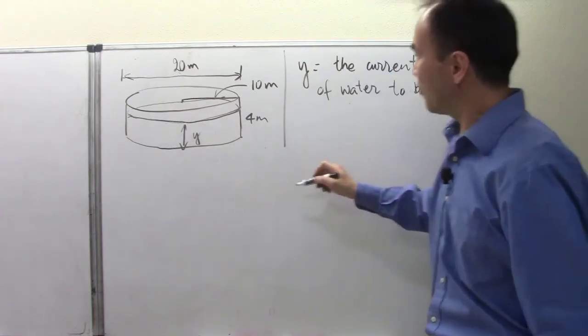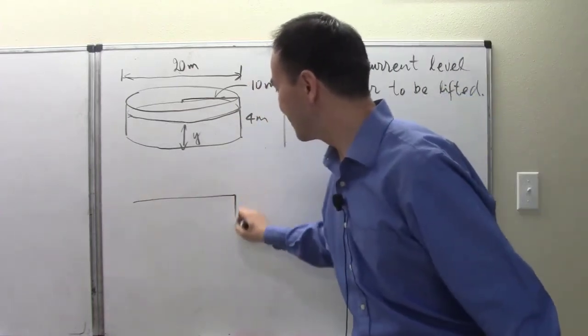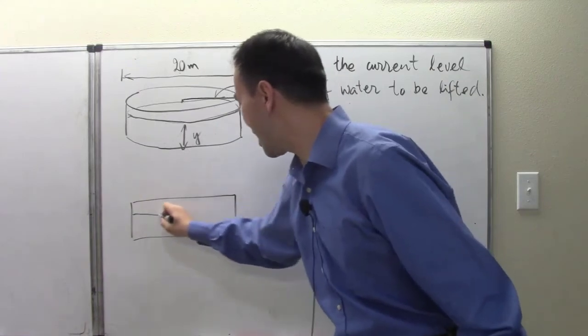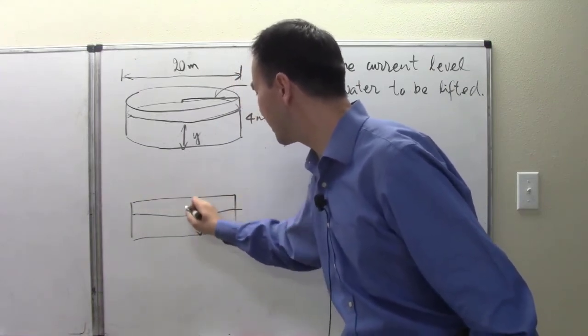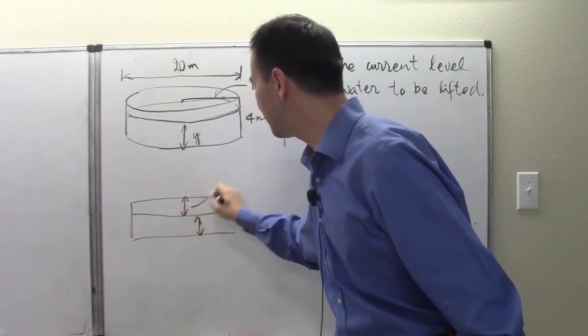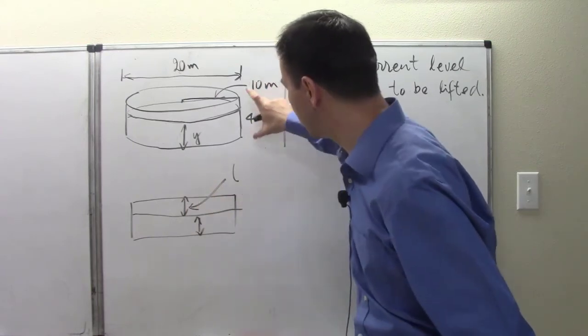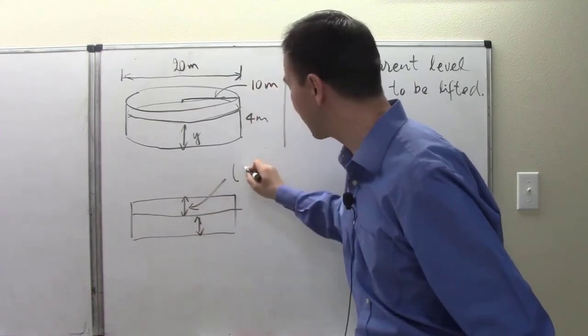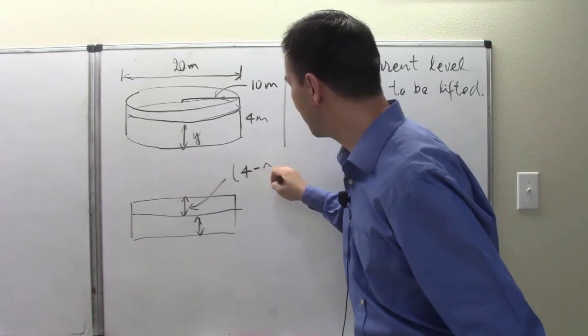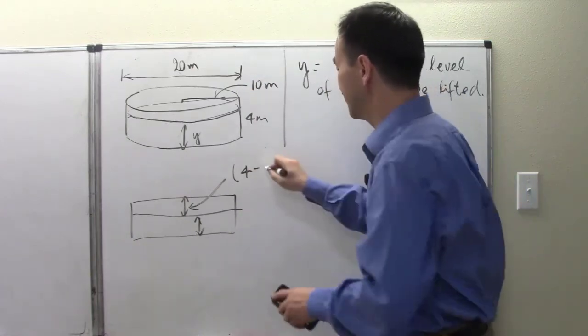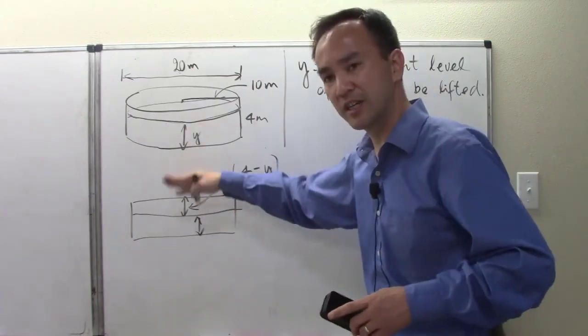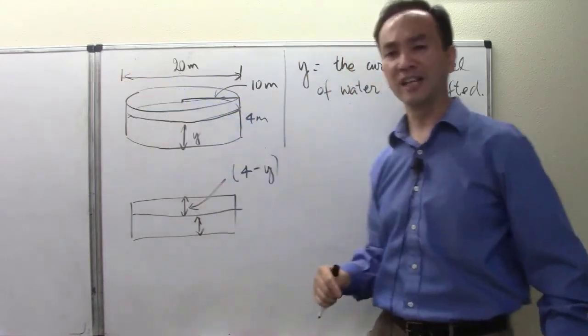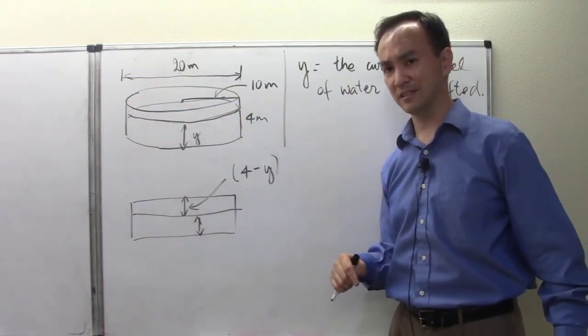And so in that way, if we're looking at the side view and water is here at the level y, then we are going to be lifting the water at the distance. 4 is the total, so we're lifting 4 minus y. So 4 minus y is the distance that we're lifting the top slice of water out of that swimming pool.